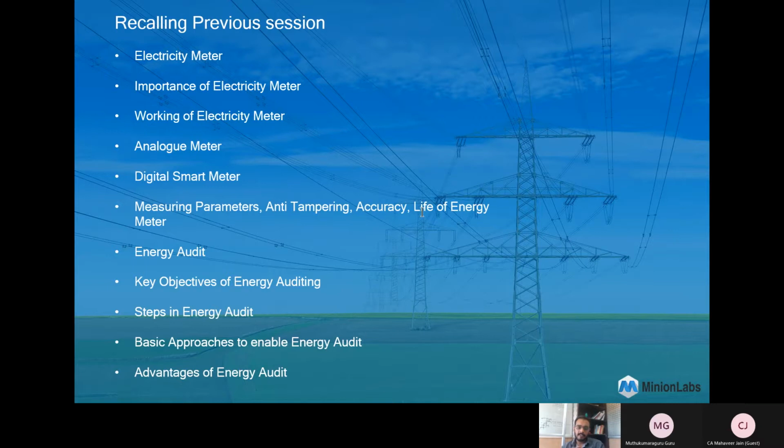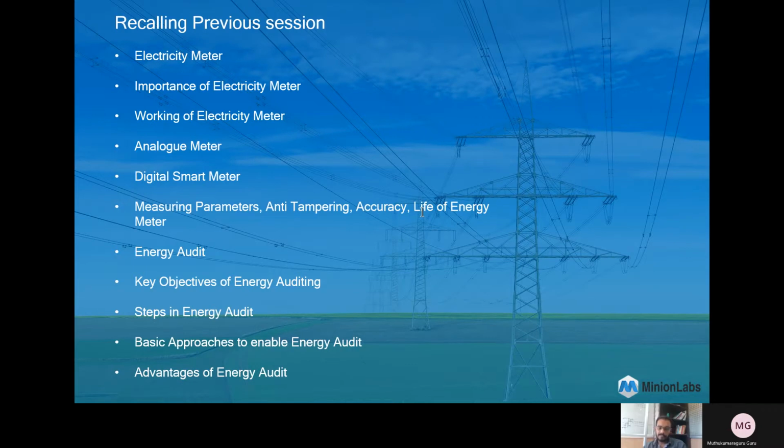The steps in an energy audit include data collection, field work, analysis of energy consumption and savings, generating the energy audit report, technical scope, and methodologies. Finally, the insights are provided to the customers so that they can take action. We also learned about energy audit and energy management, and some basic approaches to enable energy efficiency.